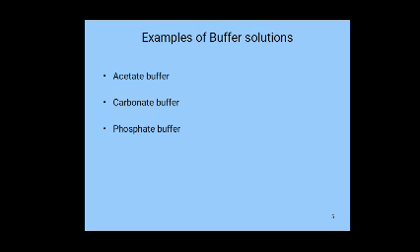These all are examples of acidic buffer solutions. What is an acidic buffer? An acidic buffer is prepared by a mixture of weak acid and salt with strong base. It is called an acidic buffer.